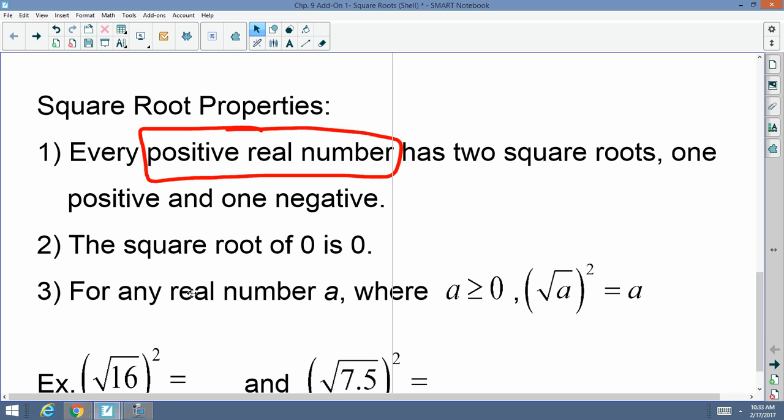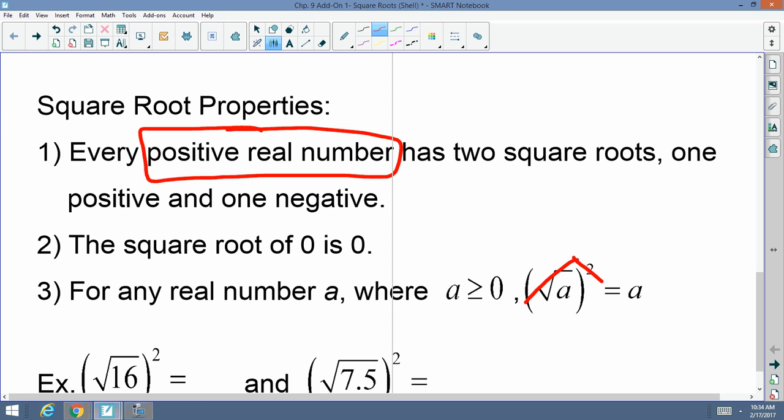And last but not least, for any real number a, where a is greater than 0, the square root of a raised to the second power equals a. When you have a radical sign and you raise it to the second power, they cancel.